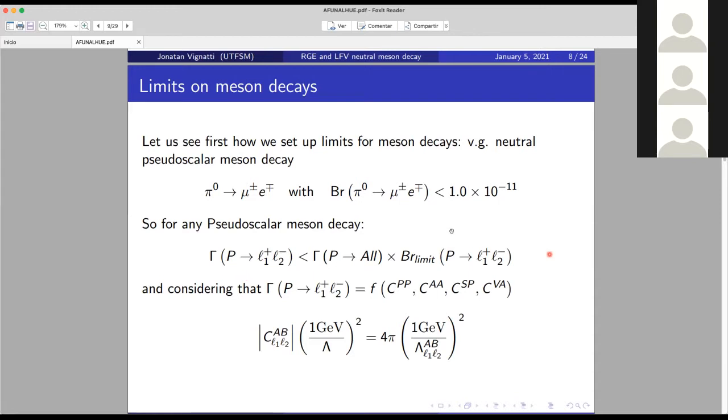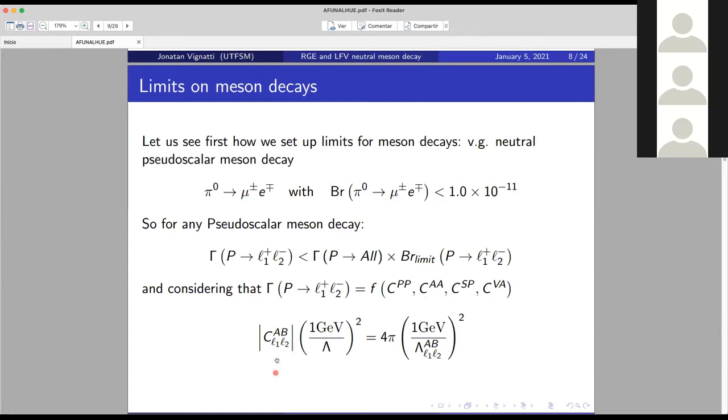From this upper limit on the branching ratio, we can set up an upper limit on the decay width of this pseudoscalar meson decay. Considering that this decay width is a function of the Wilson coefficients, we can set up upper limits for these Wilson coefficients. This is how we connect experiment and any phenomenological model.